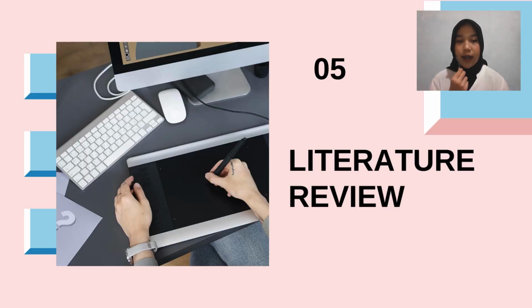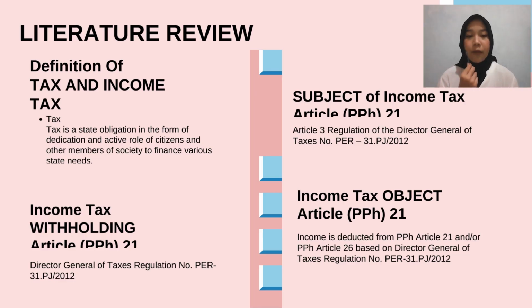So the next is literature review. There are some points of literature review, and the first one is definition of tax and income tax. The tax itself is a state obligation in the form of service and the active role of citizens and other members of society to finance various state needs in the form of national development, the implementation of which is regulated in law with the aim of the welfare of the nation and state.